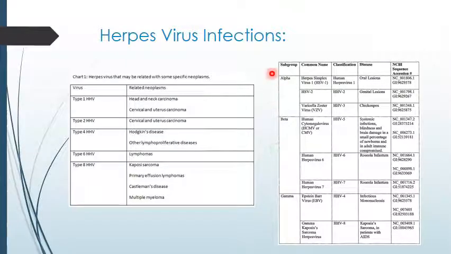And then don't worry about the subgroups. That's not really important. Here's just the classic differentiation of them. I want you to know all 8 herpes viruses and what they cause. This here, herpes 1 and 2, this whole thing with oral and genital lesions, this is an old chart. There's no difference. I used to say herpes 1 was on your lip, herpes 2 was in your genitals, but that's not true.